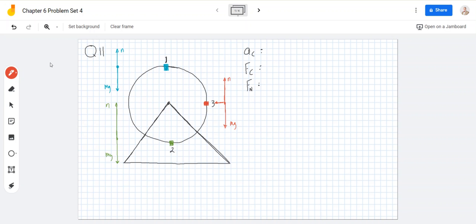So the first question is, how does the centripetal force compare? And the answer to that one is, well, centripetal force is equal to mv squared. Nope, just kidding. Centripetal acceleration is equal to v squared over r. And since they all have the same speed and they all have the same radius, the answer is all the same.